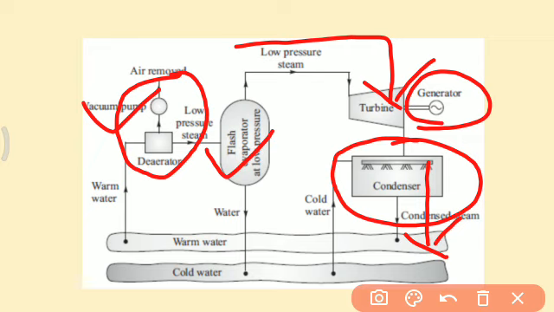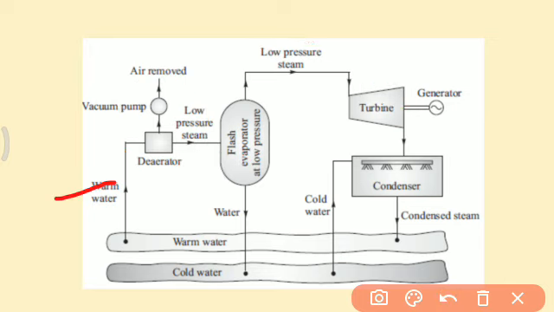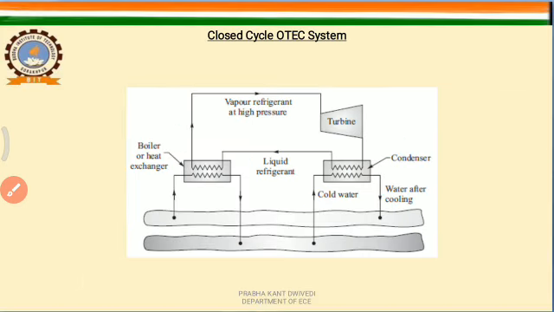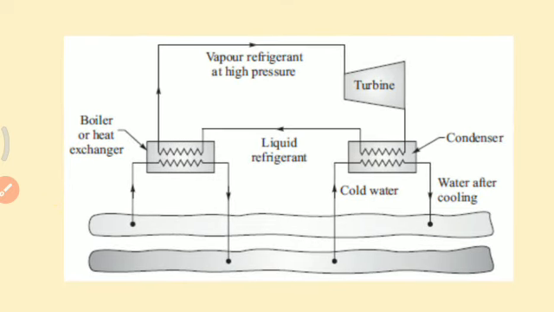The other system is the closed cycle OTEC system. As we discussed, in the closed cycle OTEC system, a secondary liquid is used to make steam.